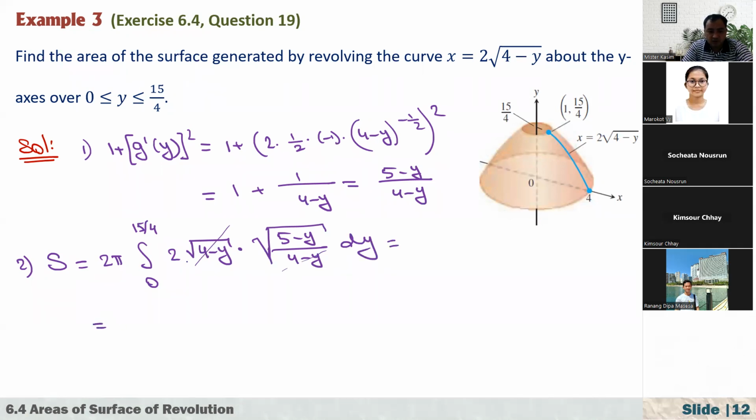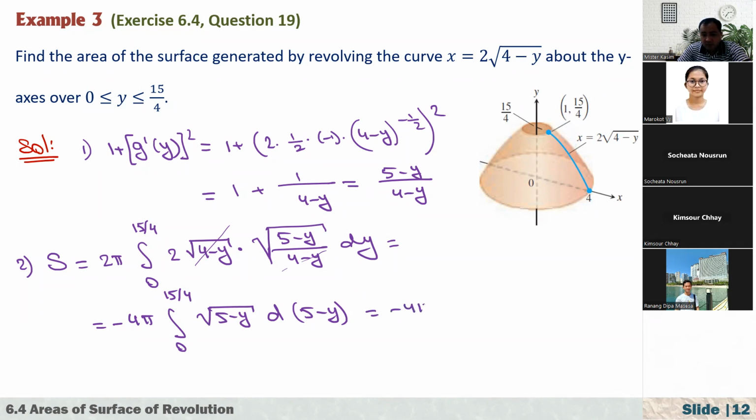So what do we have here? Also 2 is a constant, so 4 pi, integral from 0 to 15 over 4 of the square root of 5 minus y dy. The differential of 5 minus y is minus 1 times dy, so we have negative 1.